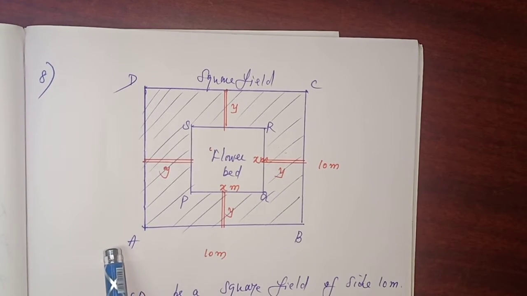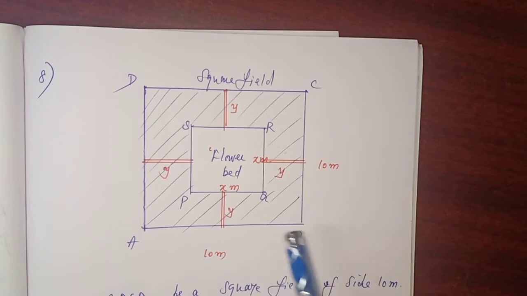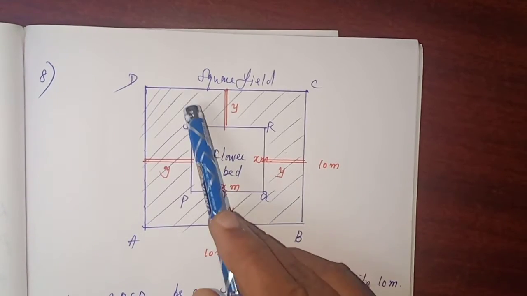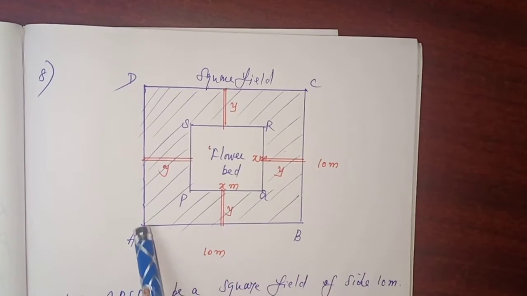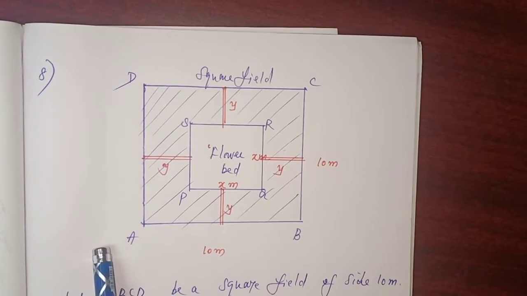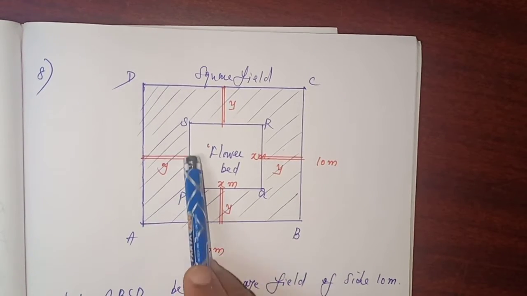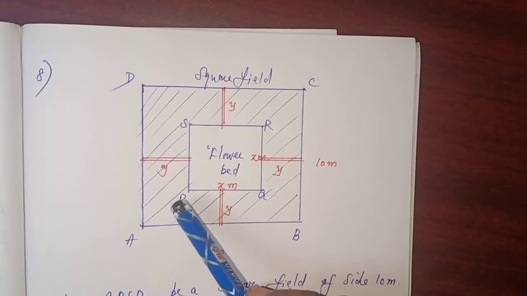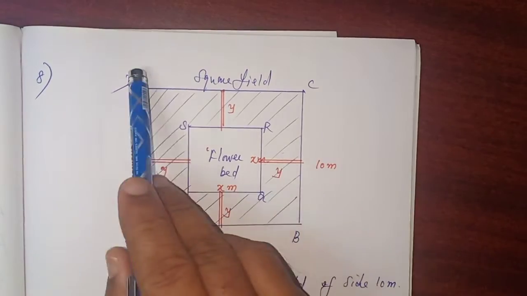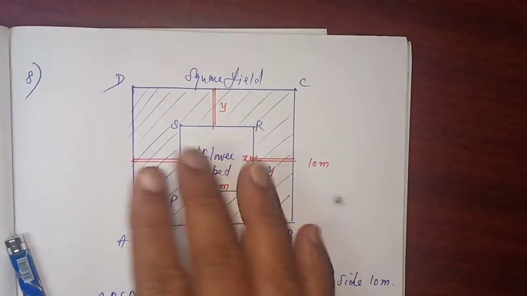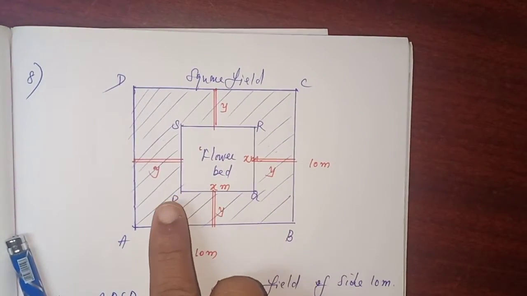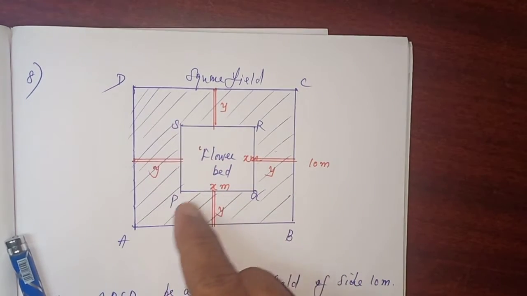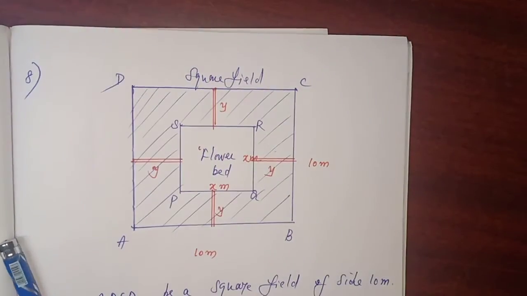Like that, area of the gravel path equals the shaded region. First, you have to calculate the area of the bigger square, then the area of the smaller square, both to be subtracted, then only can you get the shaded region area. Area of the bigger square ABCD, the entire area, minus area of the square PQRS gives the area of the shaded region. Shaded region is the gravel path.